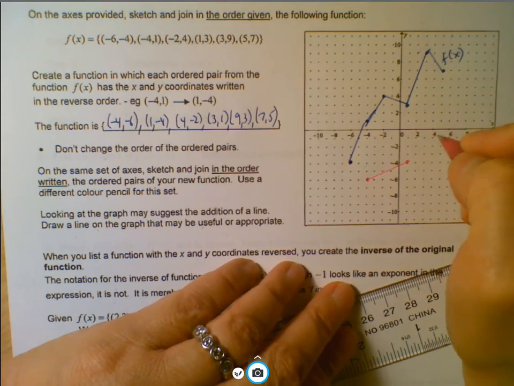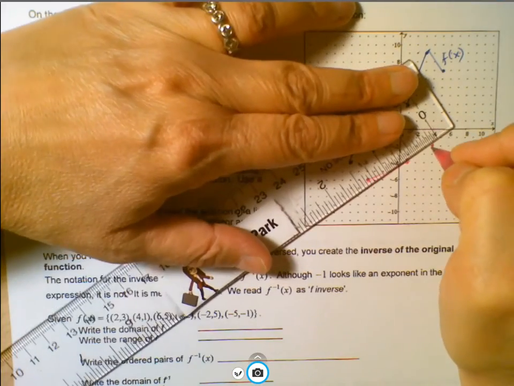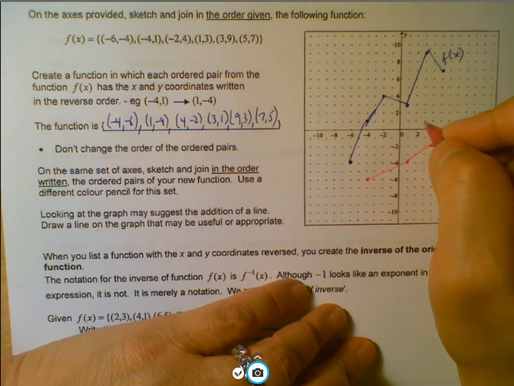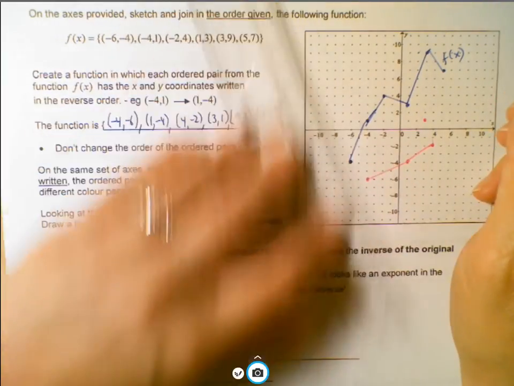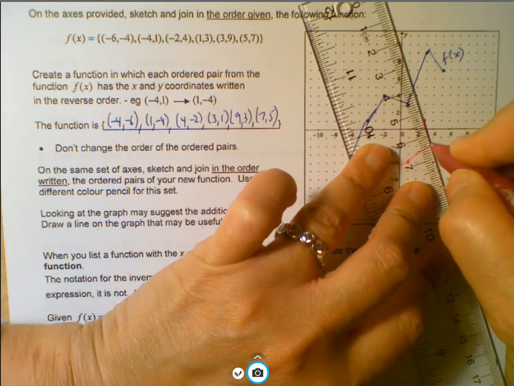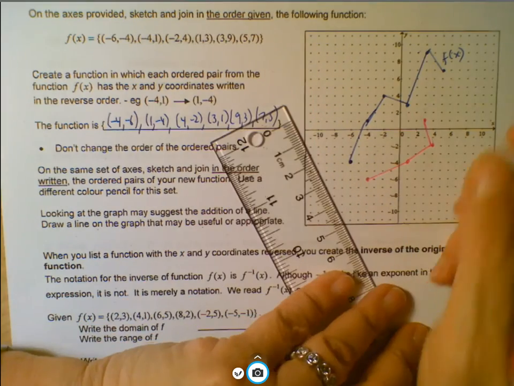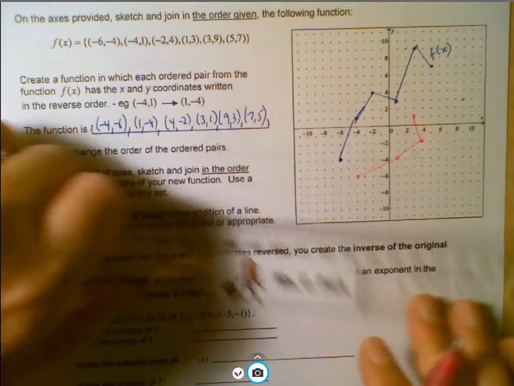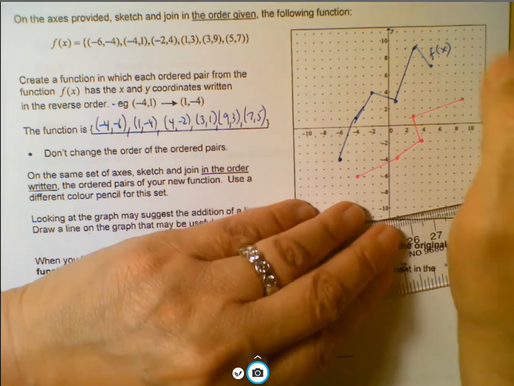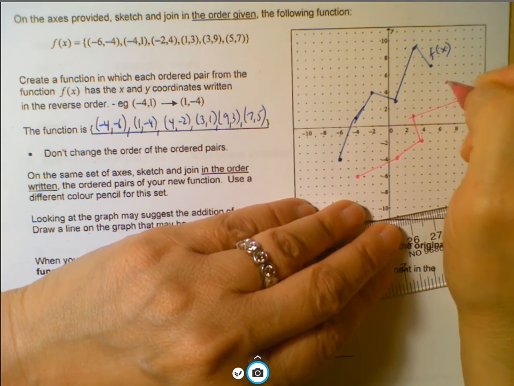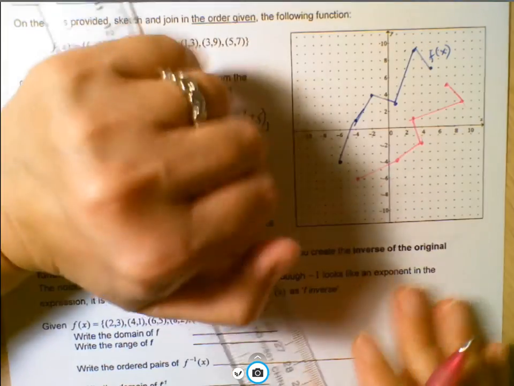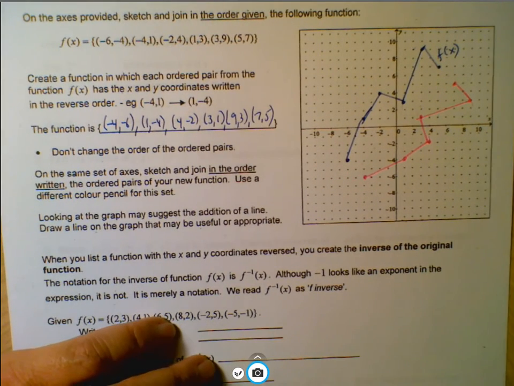And then 4, -2, connect. 3, 1, connect. 9, 3, and 7, 5. Okay, and let's look and see what we have. Look at that. Cool, huh?